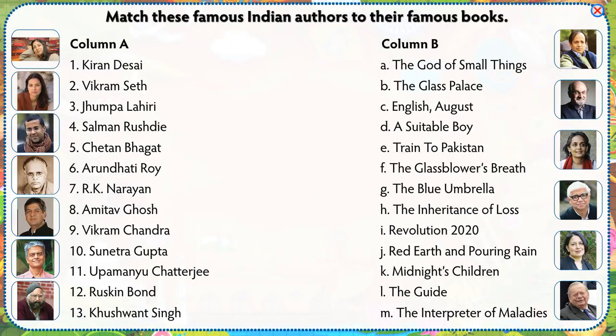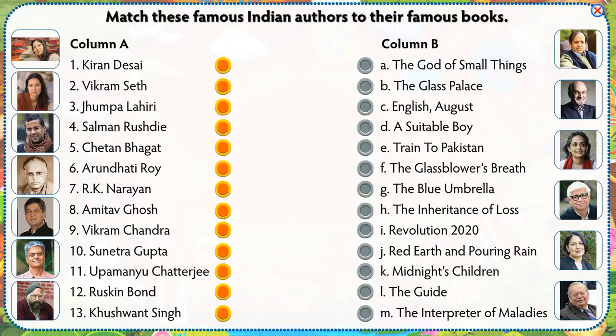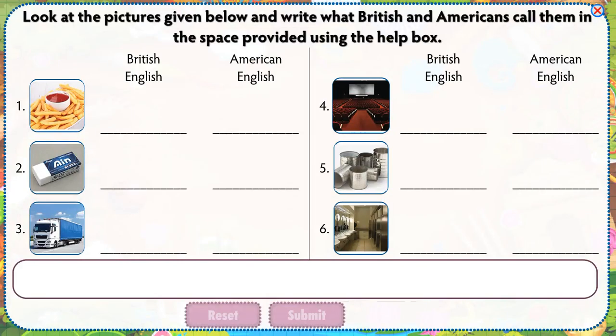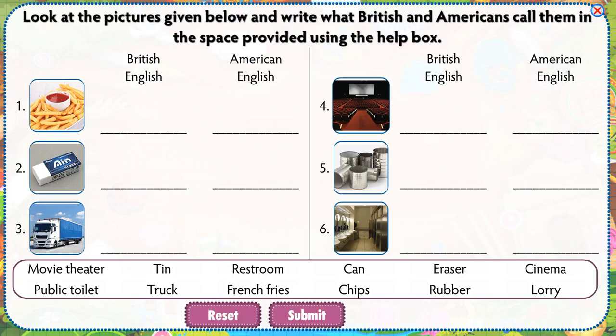Match these famous Indian authors to their famous books. Look at the pictures given below and write what British and Americans call them in the space provided using the help box.